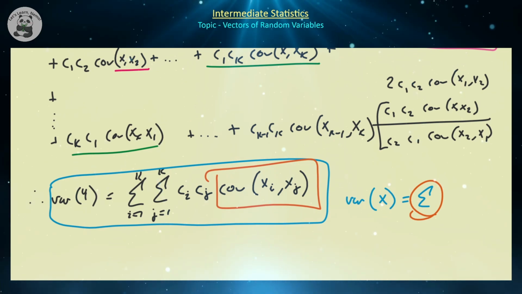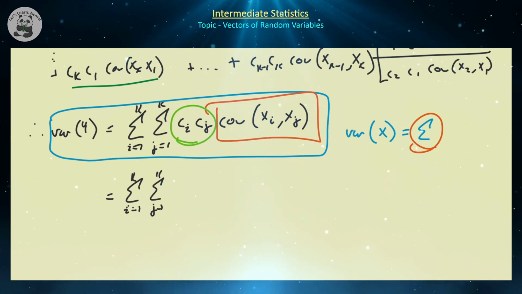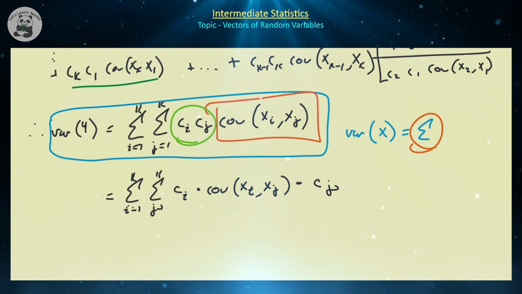And we already know that sigma contains all of the values in this covariance of xi, xj term. So the only thing we need to introduce is these constants and rearrange them in this expression. We can rearrange this because they're all real numbers, and that's perfectly fine to do. i equal to 1 to k and j equal to 1 to k, we can write that as, for example, ci times the covariance of xi, xj times cj.